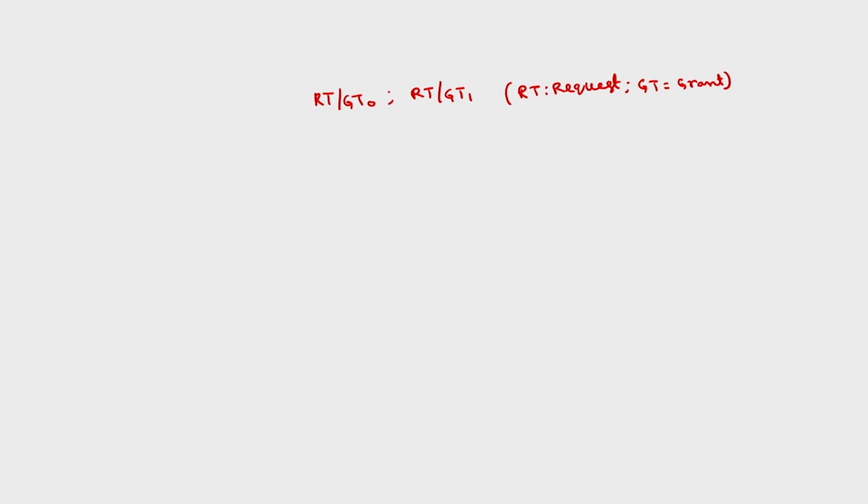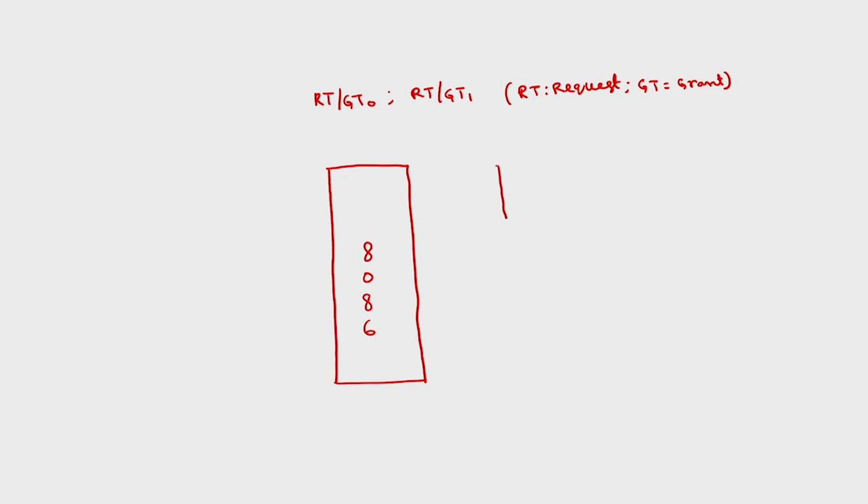So, several users can use the same microprocessor. Suppose I have an 8086 microprocessor, and suppose an external bus master wants to use the address bus and data bus, which together are called the system bus.